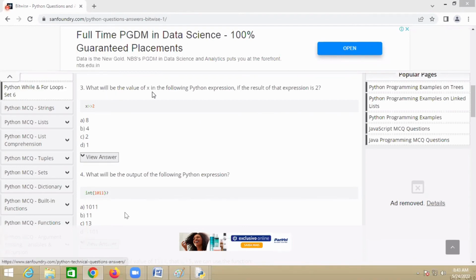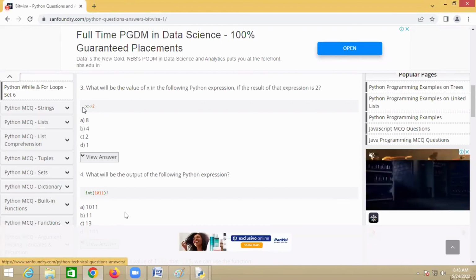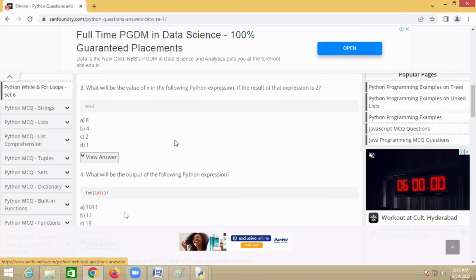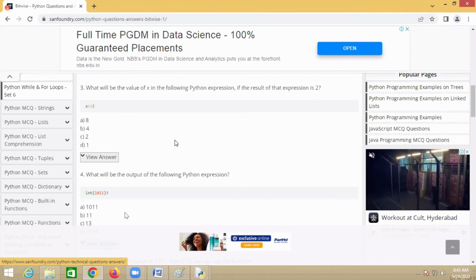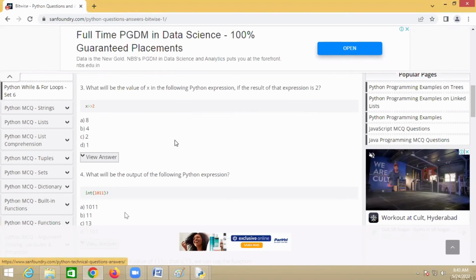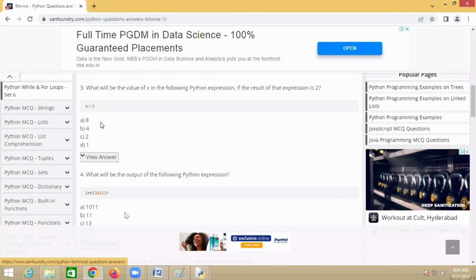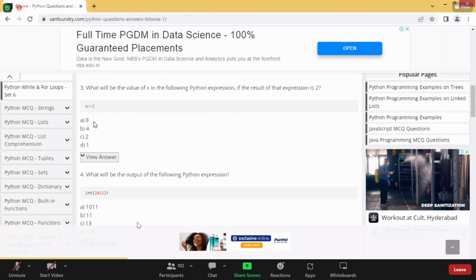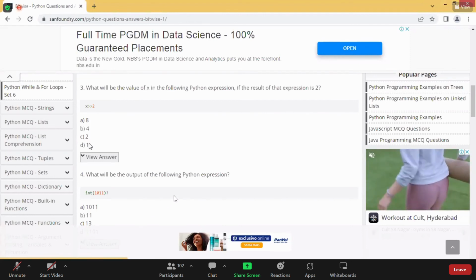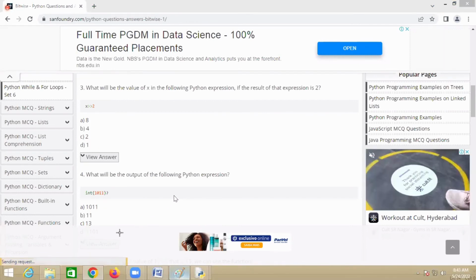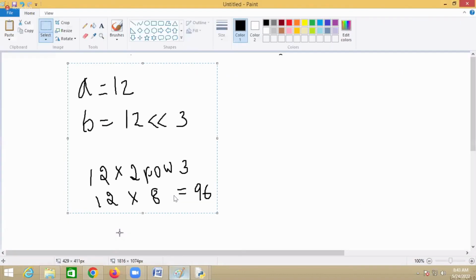What will be the value of x in the following Python expression if the result of the expression is 2? Did you understand the question or not?